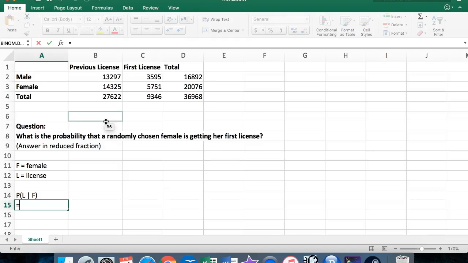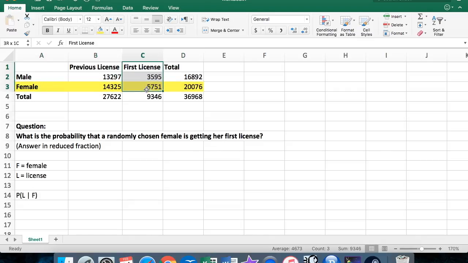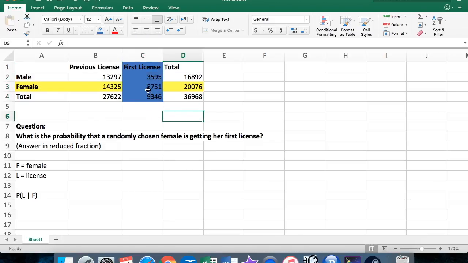So my and, we can find. Of course, we're given females, so we have to look at just females. We're not looking at any males. And then we're looking at all the people who've gotten their first license, right? So that would be this. See this number right here is the intersection between female and first license, so this is going to be our numerator.